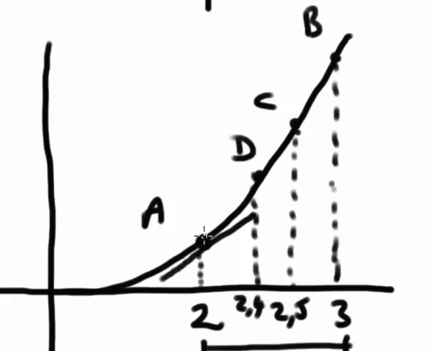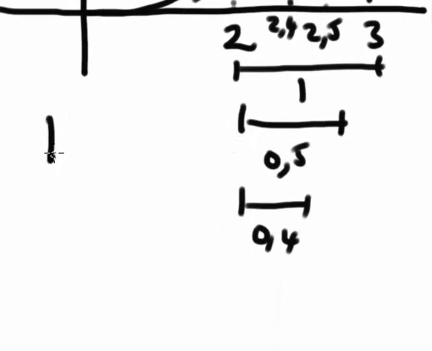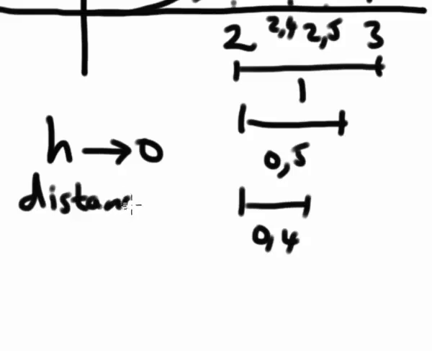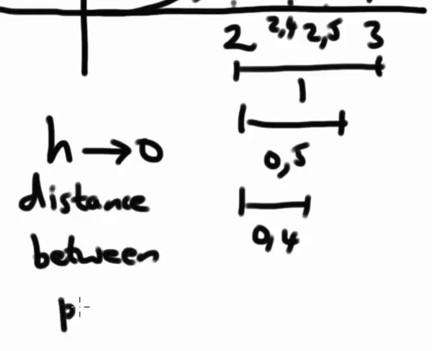Remember, we started with a line segment between two points. We got the average gradient of the curve f between those two points. Now notice the distance between the points is getting smaller, and in fact that distance, which we can call h, is going to 0. The distance h, which is really the distance between the two points, is getting closer and closer to 0.